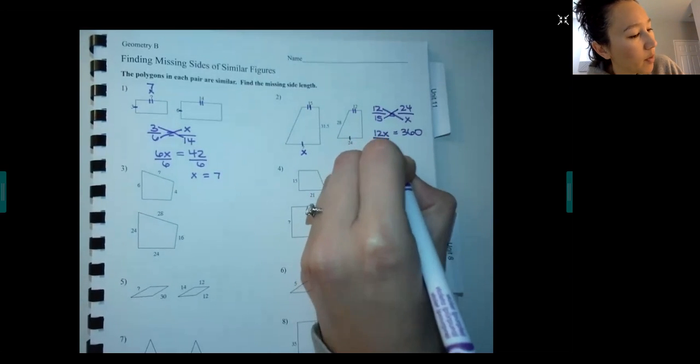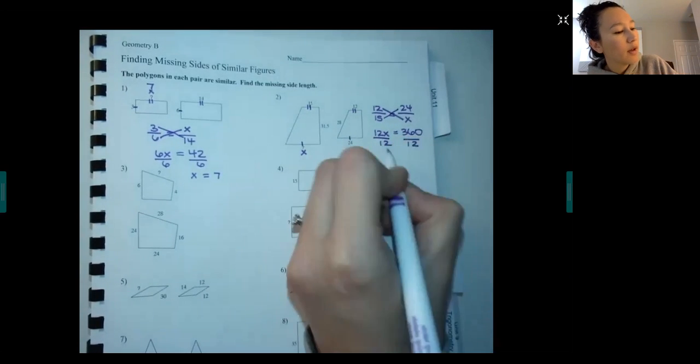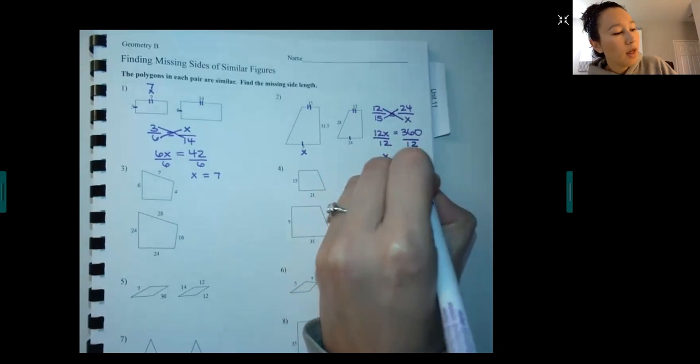And then we'll divide both sides by 12, and X equals 30.